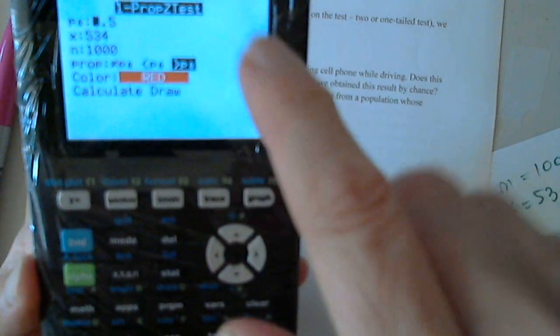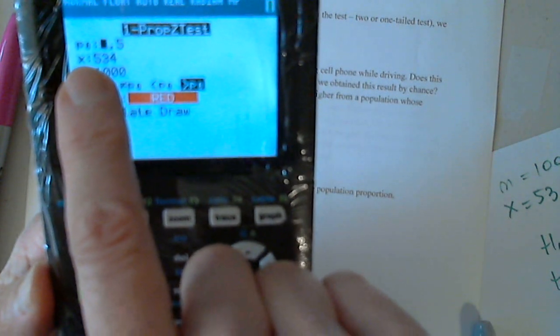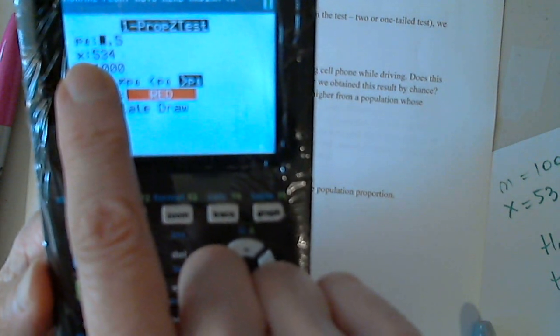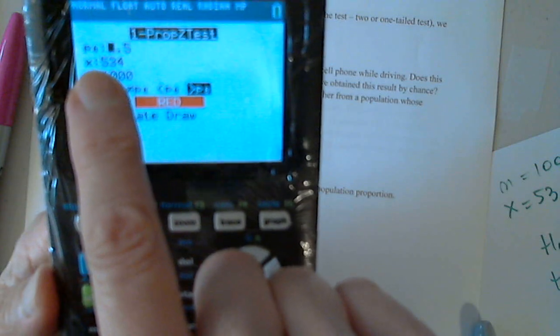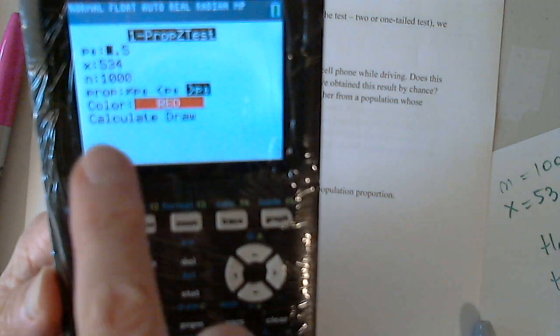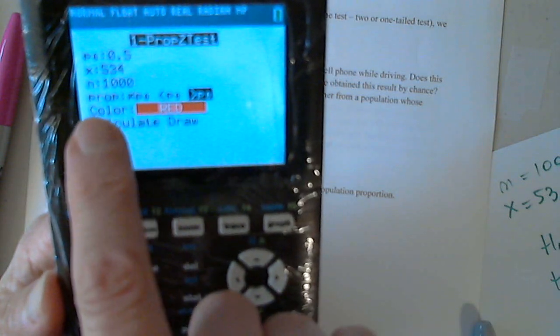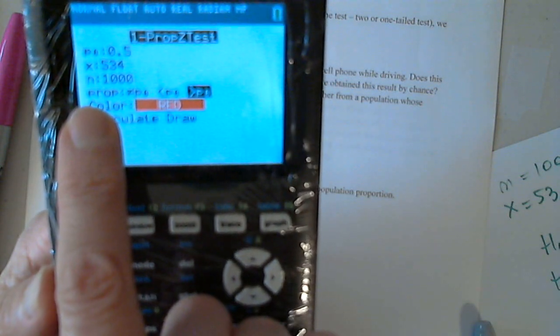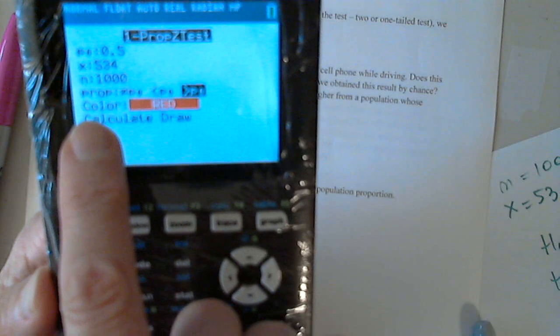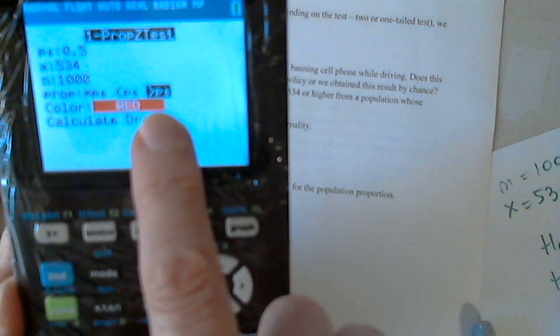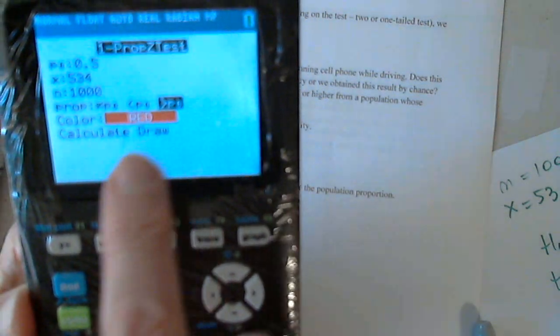Since I cannot see it, tell me what you wrote for p sub 0. 0.5. Okay, perfect. What did you write for X? 534. Good. And for N, 1,000? Yes, 1000. Did you choose the right tail test? Yes.